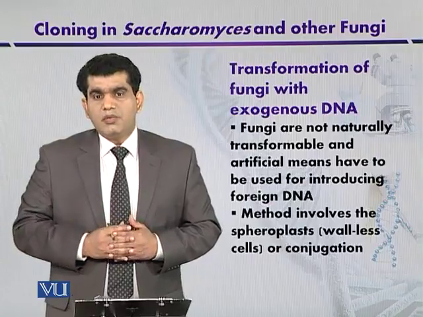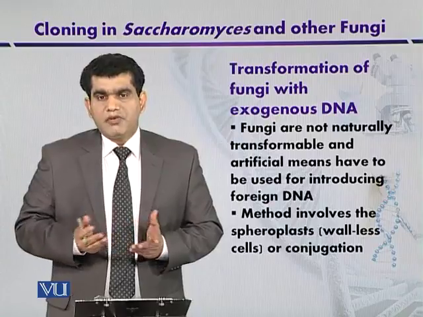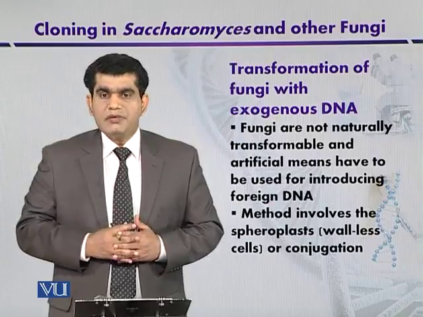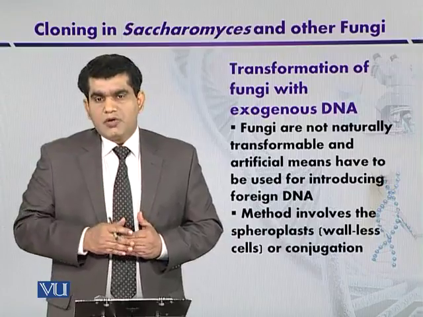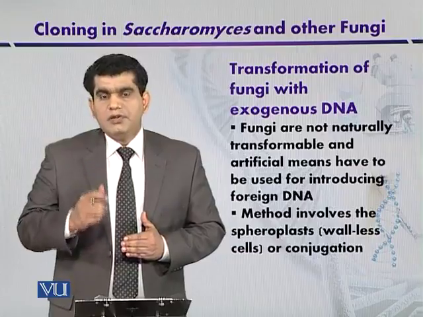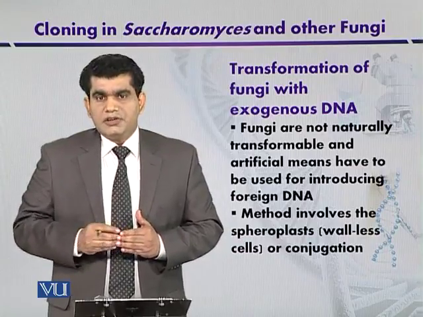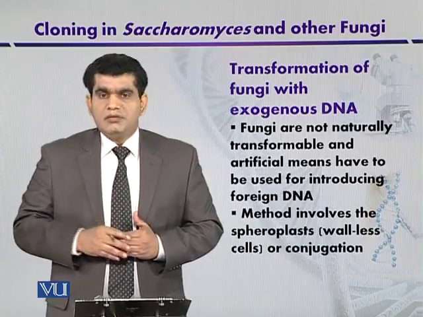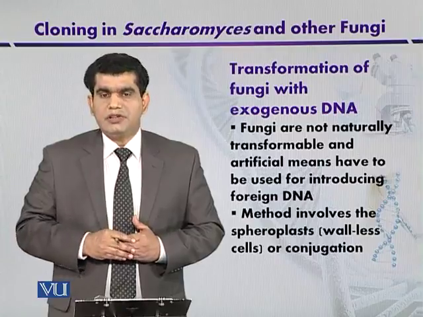To create a recombinant molecule, a sort of R751 plasmid or a type of F plasmid can be used, so that a recombinant molecule can be transported from E. coli to Saccharomyces or yeast or other fungi like Saccharomyces.